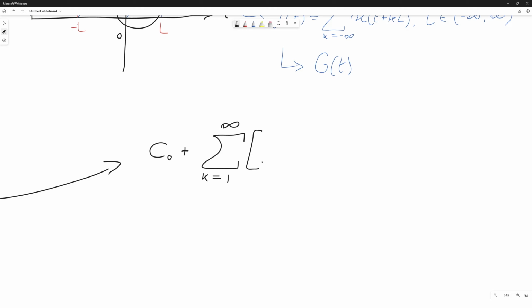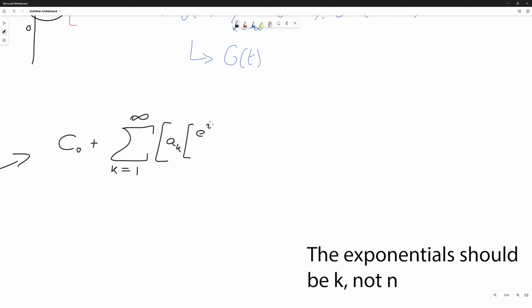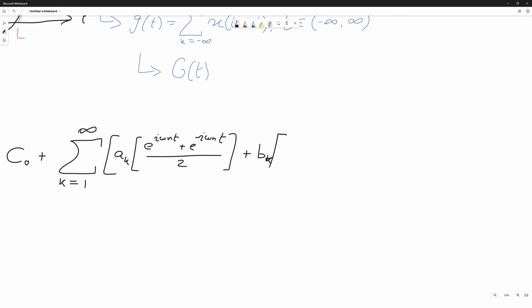So let's do that. We have a sub k times, let's expand out cosine of omega nt to get e to the i omega nt plus e to the minus i omega nt divided by 2, plus b sub k, and let's expand out sine, which is e to the i omega nt minus e to the minus i omega nt over 2i.